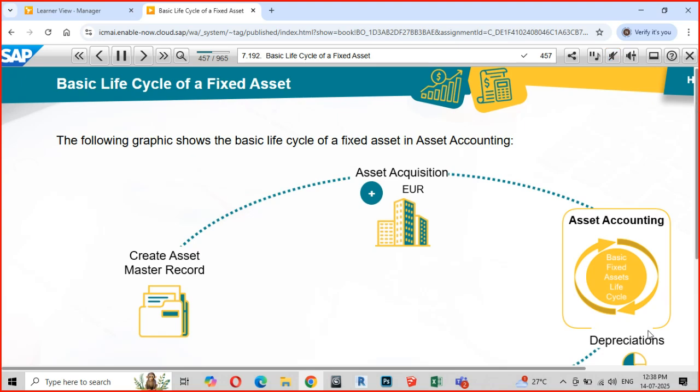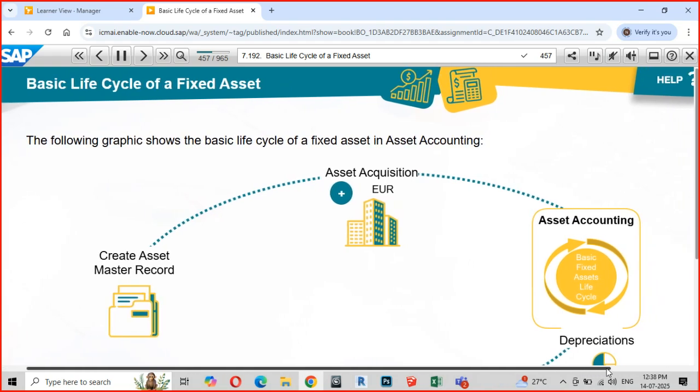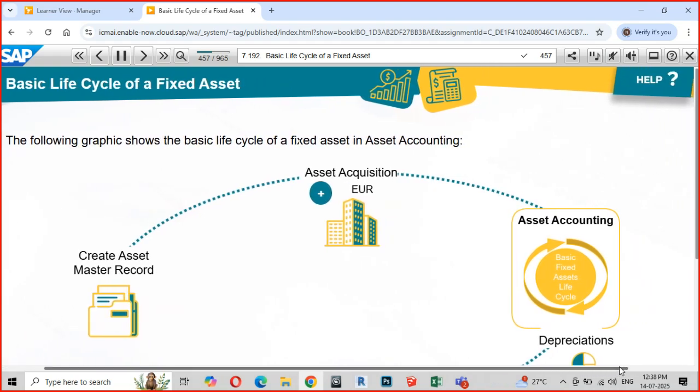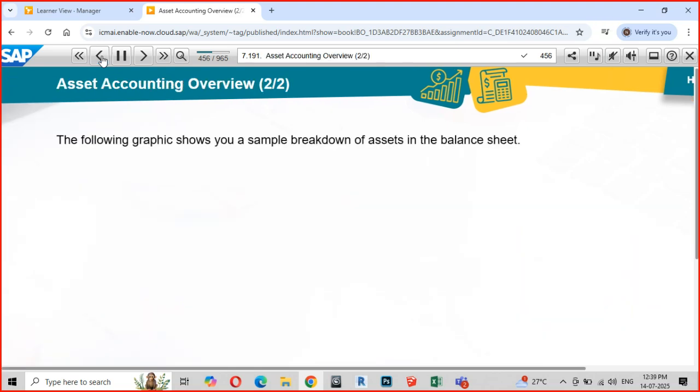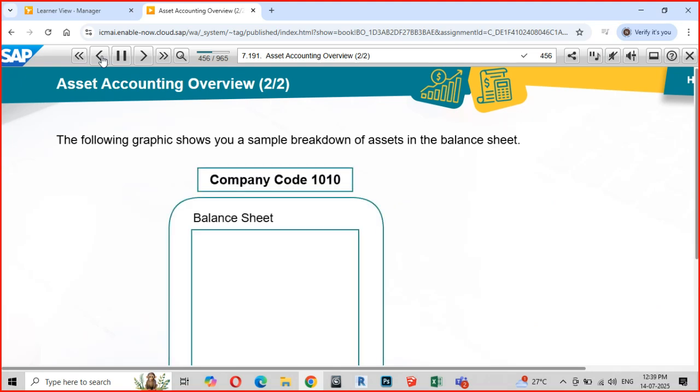Now, the most important, and let me not use the word complex, I think if I use the word complex it is not advisable. But definitely this asset accounting is a very different subject, and the way it is handled in SAP, both in ECC as well as HANA, is something very different.